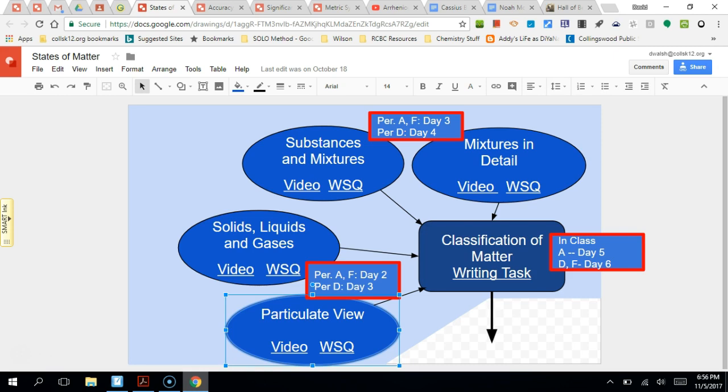It wouldn't surprise me to see questions where I'm asking you to draw pictures of particles and show how they interact, maybe identifying intermolecular forces versus bonds, or talking about how gases are different than solids. I'm not going to talk about Bose-Einstein condensates, nor am I going to talk about plasmas.